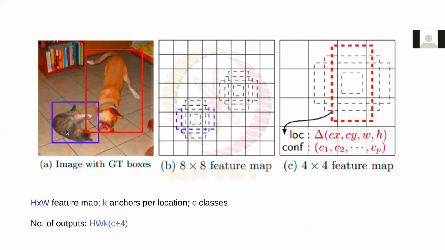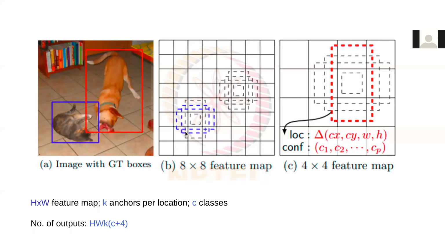So suppose this is an image, there are these ground truth bounding boxes, and we are talking about this 8x8 feature map. Now for each cell in this 8x8 feature map, we will be predicting k anchor boxes, and these k anchor boxes are of different scales and shapes. So one is elongated towards the y-axis, one is elongated towards the x-axis, one is a perfect square, one is a smaller square, and so on.